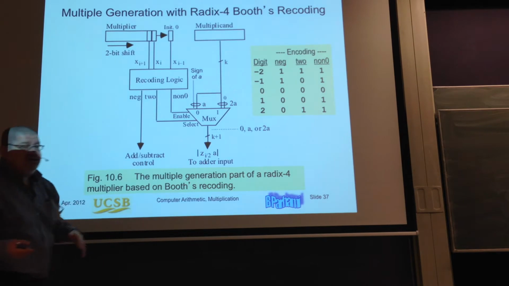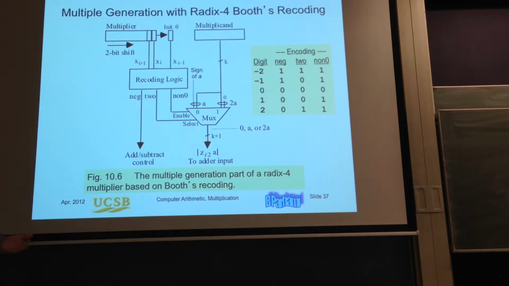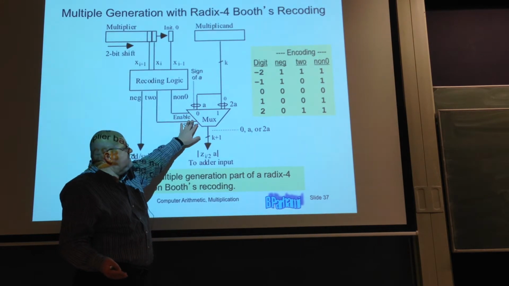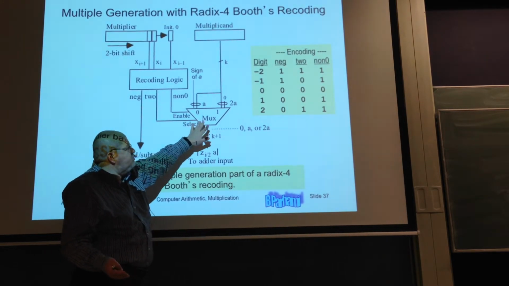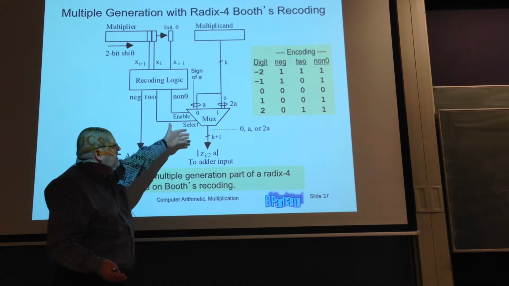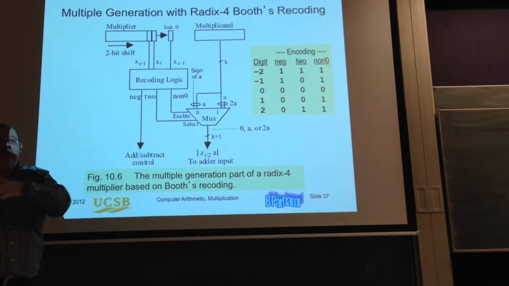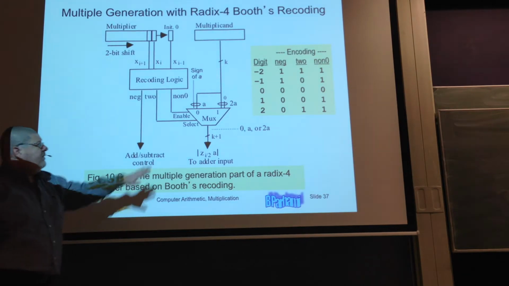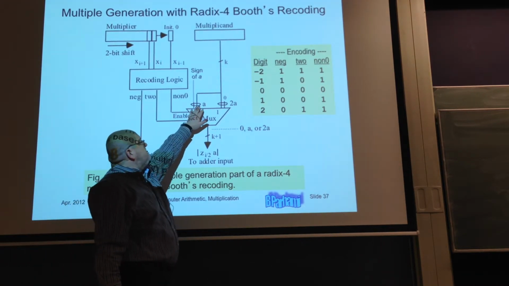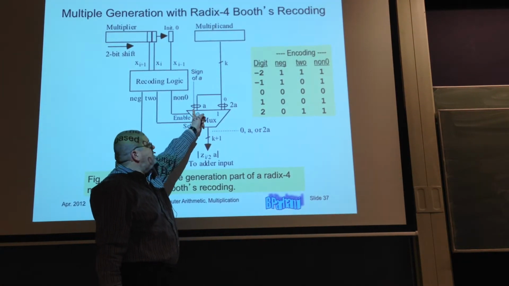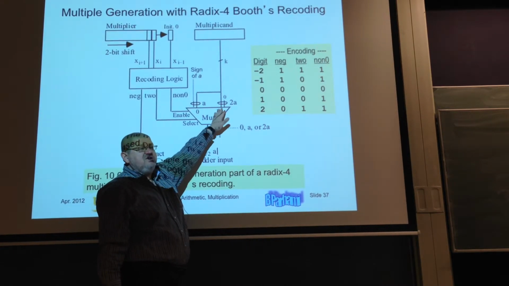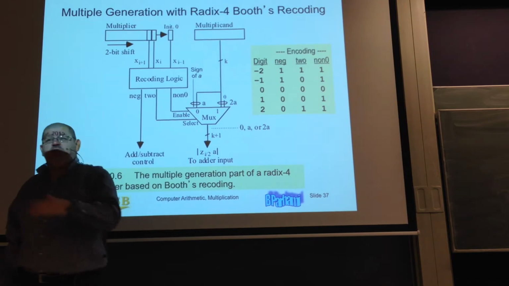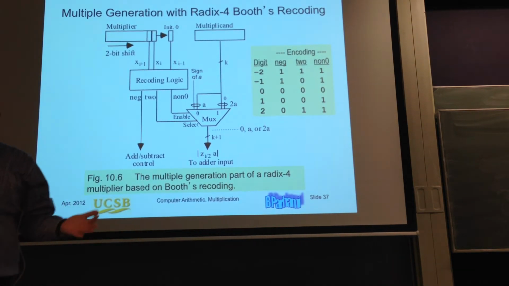And the magnitude can even be 0, and then you enable or you disable these marks, or can be A or 2A. And that will be inverted or not when it's arriving to the adder. Now, A is simple, you just take A and you pad it with a 0. 2A, it's simple, you just shift A 1 position. Essentially, it's not a shift, it's a wire rerouting.